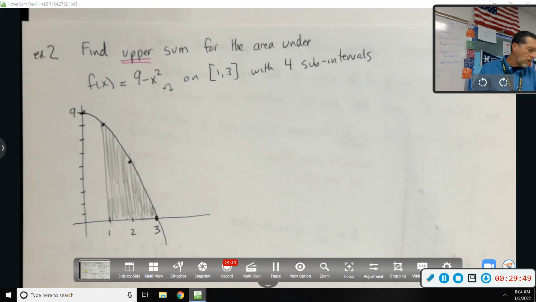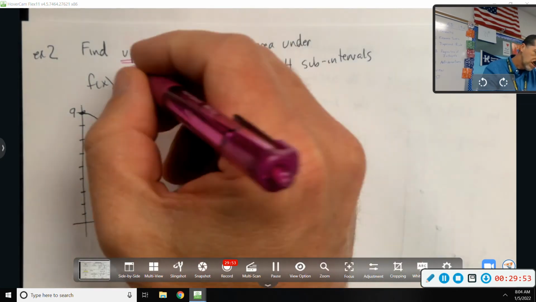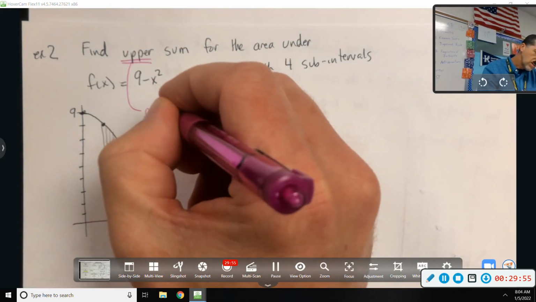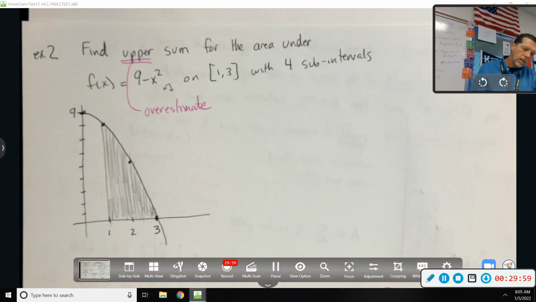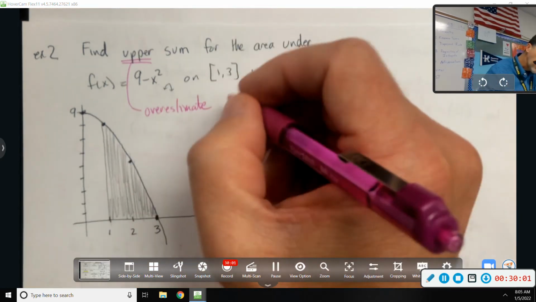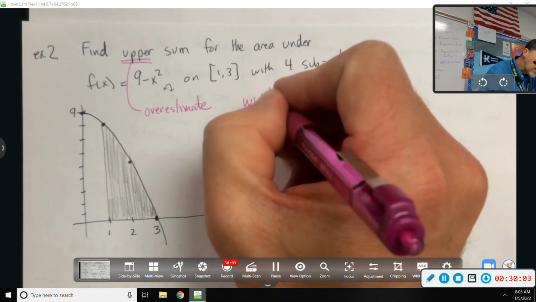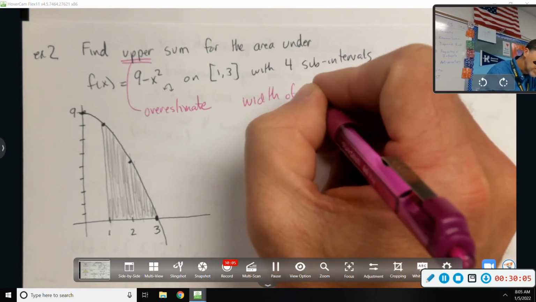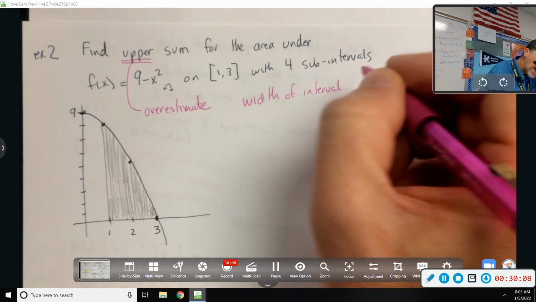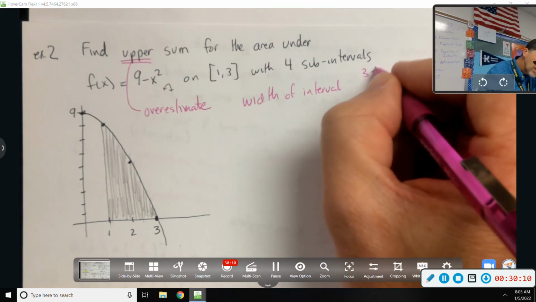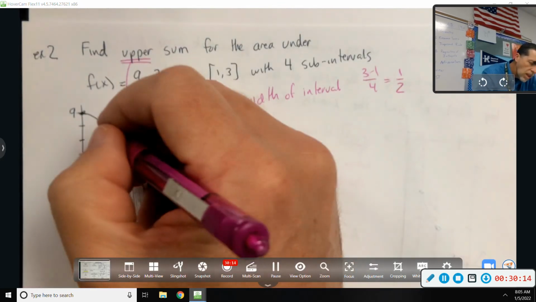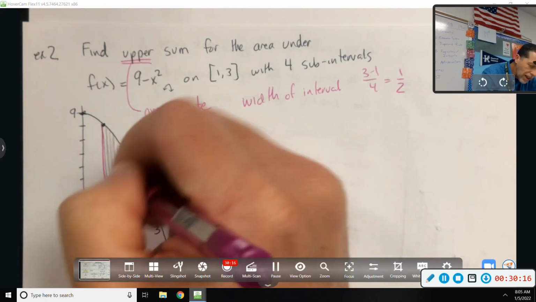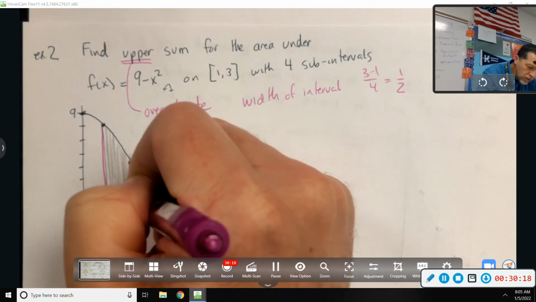Okay, an overestimate, because it's an upper sum. I guess let's back up here. What's the width of each interval going to be? It's going to be 1/2 again. So I can divide my region into the 4 intervals.